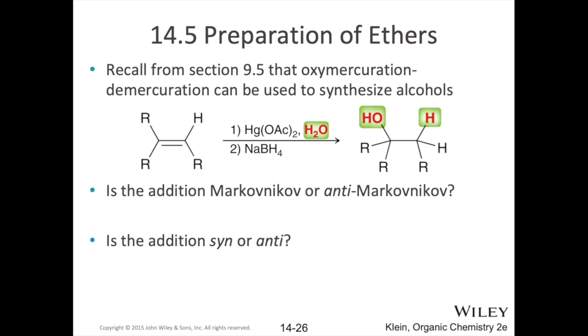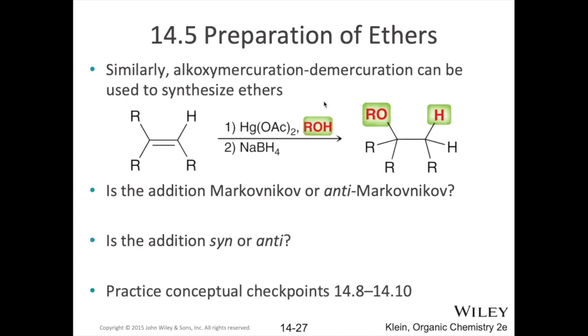However, instead of using a water molecule, if we used an alcohol, instead of getting an OH group here, we would have an alkoxy group. And if we have an alkoxy group attached to our parent chain, well, this is an ether, and that's one way to make an ether.